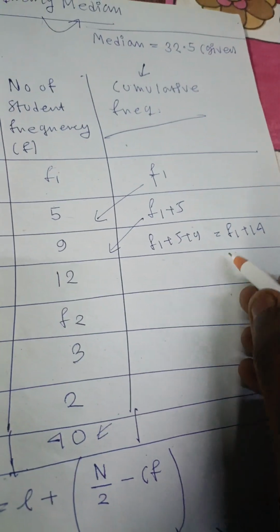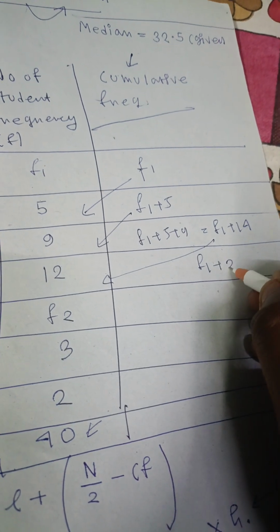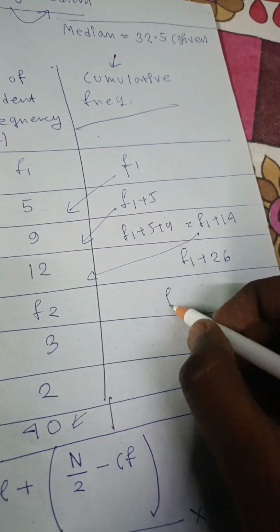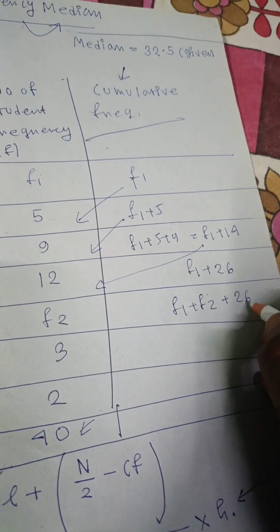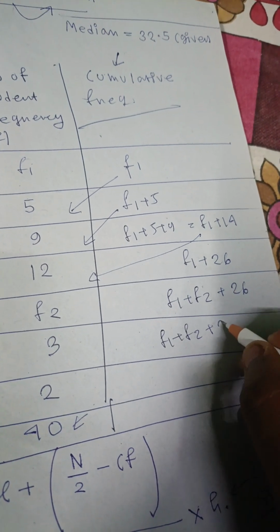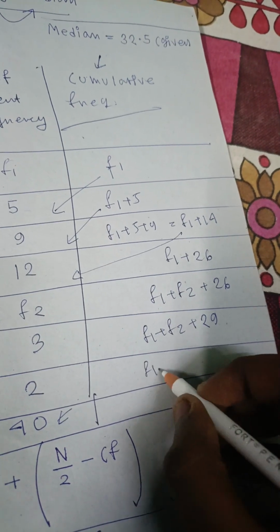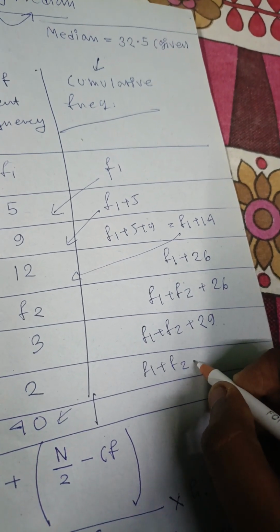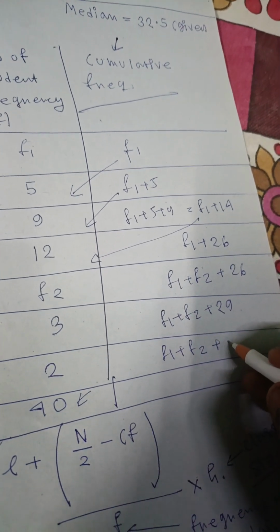Then this will be added, so it will be f1 plus 26, then f1 plus f2 plus 26, then f1 plus f2 plus 29, then f1 plus f2 plus 31.